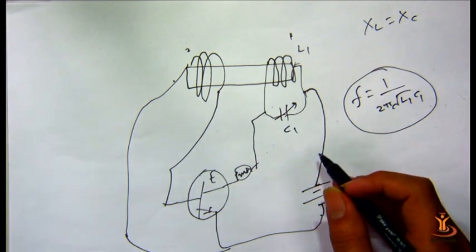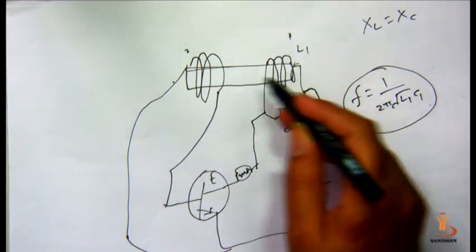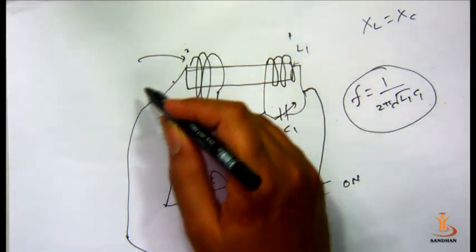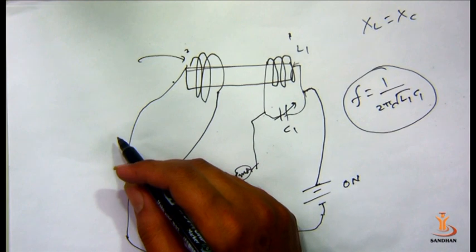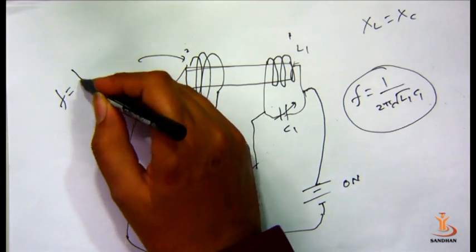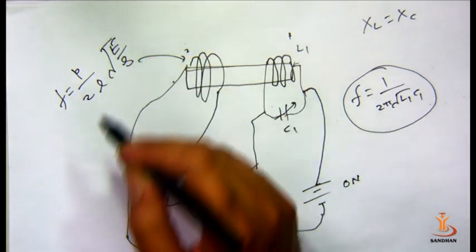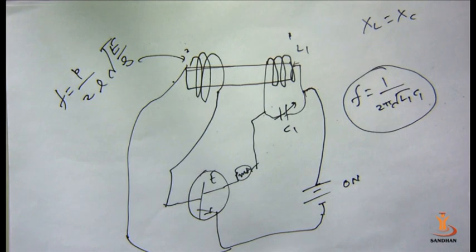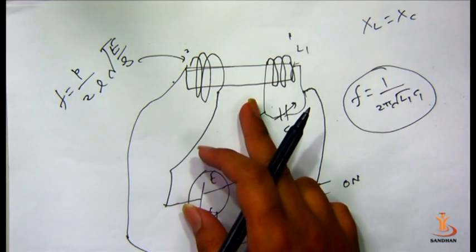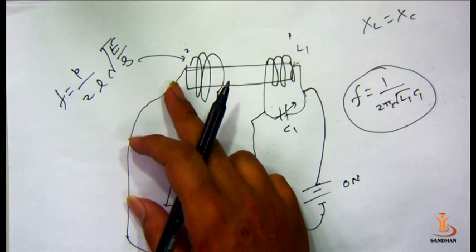Further, there is a particular natural frequency of a ferromagnetic rod. The natural frequency is given by f is equal to p upon 2L root E upon rho, where L represents the length of the ferromagnetic rod, E means the Young modulus of the ferromagnetic rod, and rho is the density of the material that we are using.